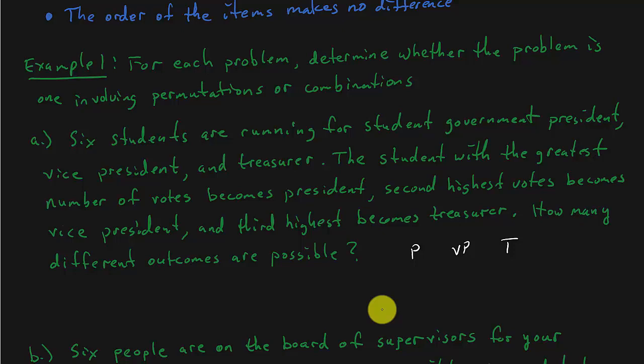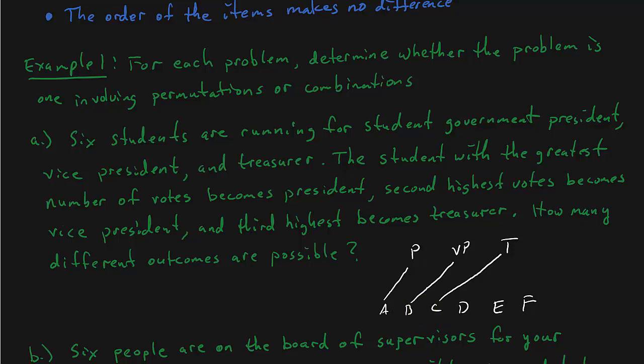And we've got the 6 people down here. Let's just call them A, B, C, D, E, and F. All right. So if A gets the most votes, so we get A, and then let's say we get B, and then we get C. All right. That's one way. Person A is president, person B is vice president, and person C is treasurer.